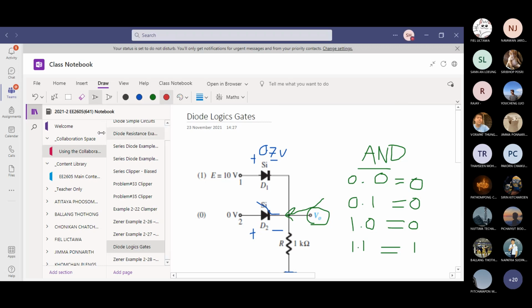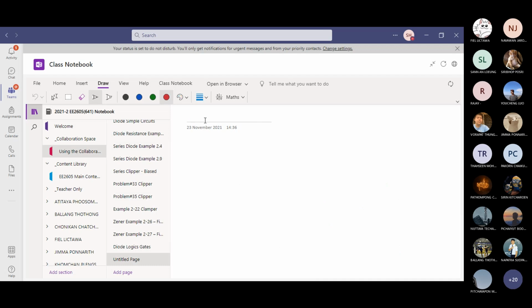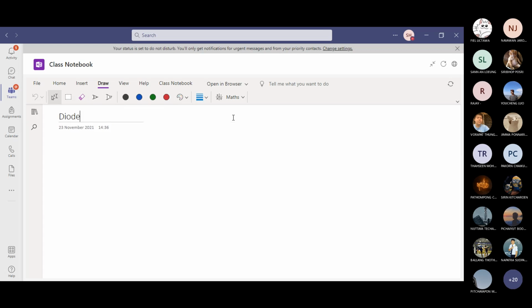and the next thing I'll do is create a new page. And then copy paste the picture.